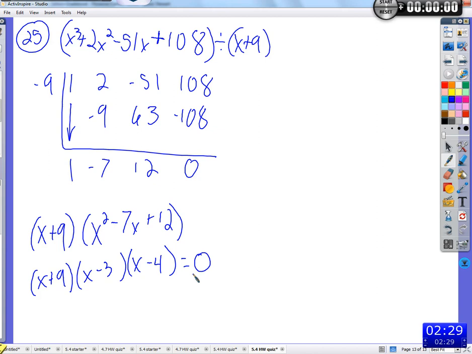How so? You just have to change each of these factors to equal 0. One of them has got to be 0. You can only multiply and get 0 if you multiply by 0. So we'll find that x is negative 9, x is 3, x is 4. We set them equal to 0, add 4 to both sides to get 4, add 3 to both sides to get 3.